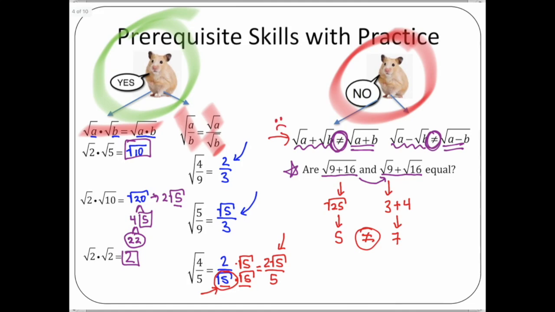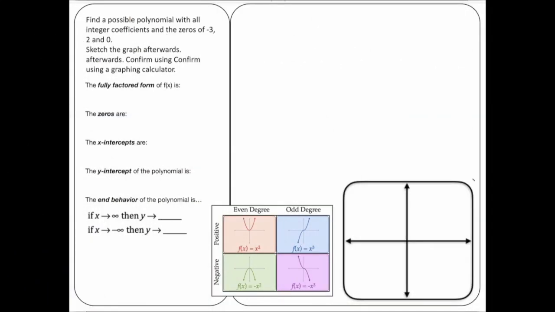So we need to go ahead and keep that in mind when we're asked to break some of these down in the next parts. Okay, so let's go ahead and build some polynomials here. First things first, we're going to read the prompt, and it says find a possible, I like that word, we're going to come back to it and see why it's important, with all integer coefficients.